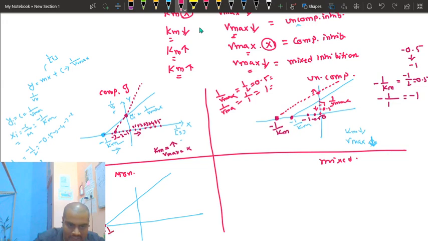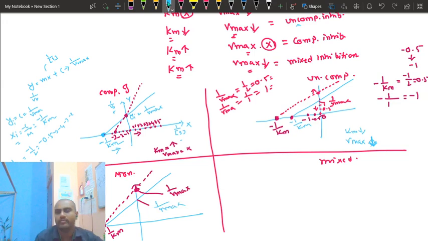So this is the minus 1 by km. The new km will also be present over here, but the Vmax value is decreasing, that means it will shift upward on the y-axis. Let's suppose this is the new Vmax value. So this will be the value of the 1 by Vmax and the graphical representation will be like this. This is the new 1 by Vmax and this is the previous one. So this is all about the competitive, uncompetitive and non-competitive inhibition.